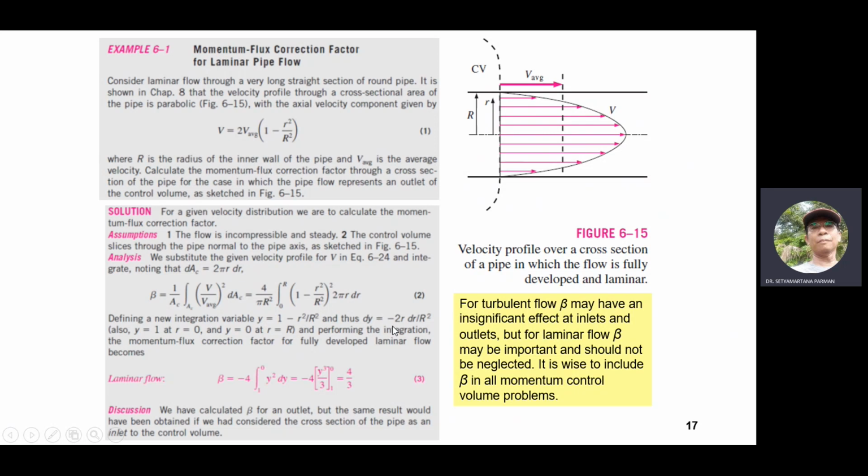Defining a new integration variable, y equal to 1 minus r square over large R square, then we can make dy, of course, becoming minus 2r over R square dr. So we make the differentiation of y with respect to small r.